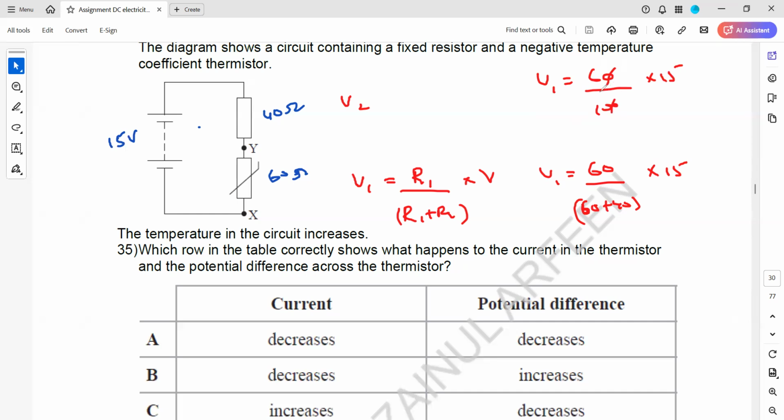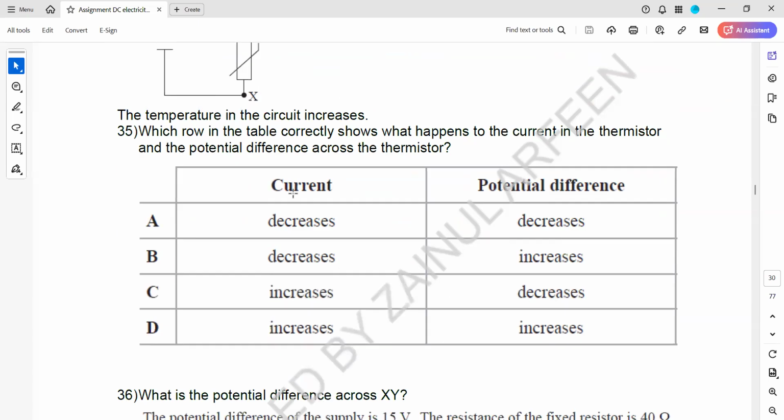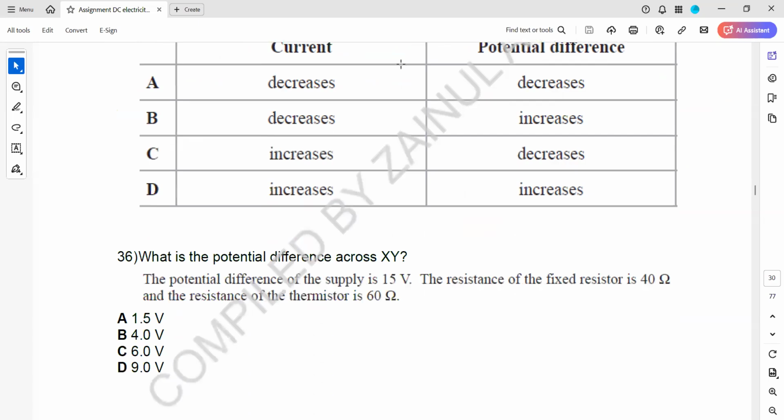This 0 will cancel with 0. This will be 3 times 15, which is 45 divided by 5, equal to 9. So we got 9 volts here. The remaining 6 volts will be across the fixed resistor. The potential across the thermistor will be 9, so D will be the right answer.